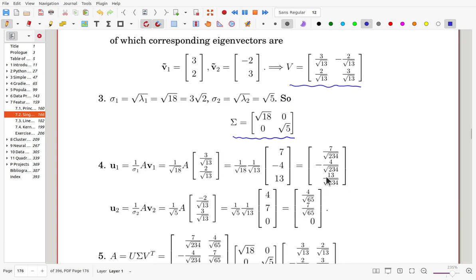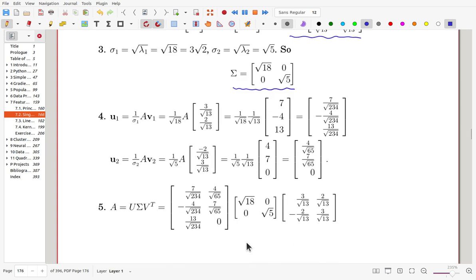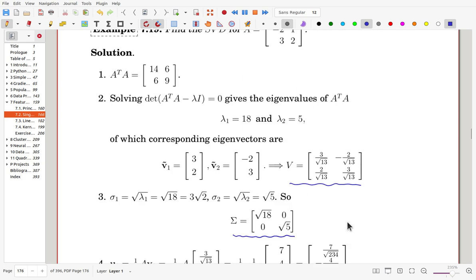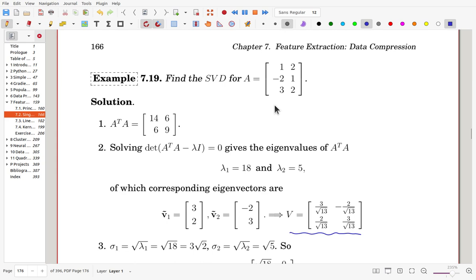I try to get the exact value. u2 is 1 over sigma 2 times A v2, and that is the result. So A is U sigma V transpose, and this is U, sigma, and that is V transpose. Of course, if you actually multiply, it will recover the original matrix A.